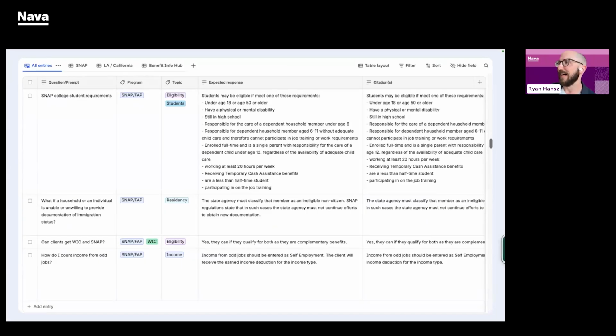And then working with our internal team, our partners, policy experts to try to develop expected responses and the expected citations for what we would want the tool to return. And honestly, sometimes we would find new citations by using the chatbot, and we would feed those back into our evaluation set to improve the quality.